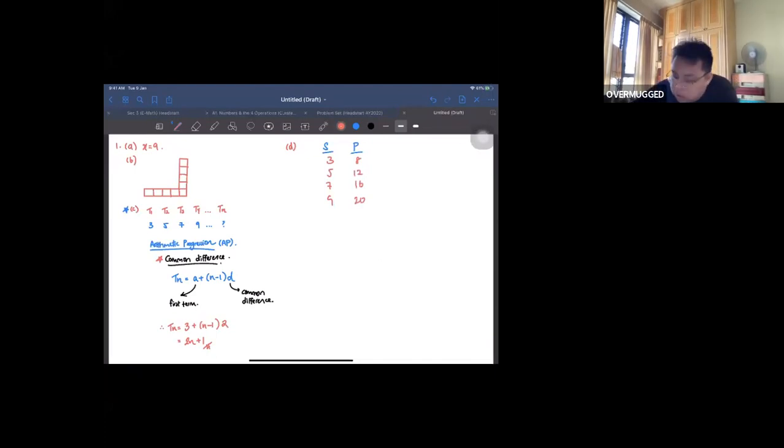Because you're looking for a relationship between these two, you need to form some mathematical equation between them. It must make sure that it works for every single line. If you observe, if you take S and multiply by 2, you can actually add another 2, and you get all of them.